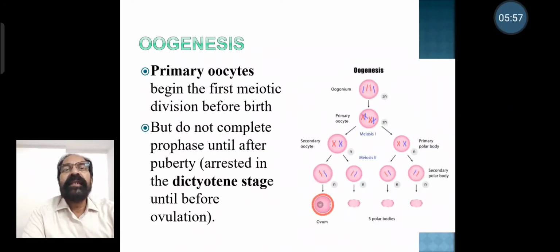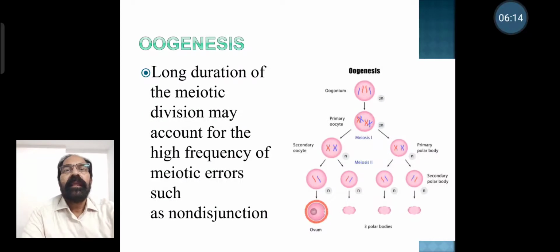Primary oocytes begin the first meiotic division before birth, but do not complete prophase until after puberty. So they are arrested in the diplotene stage until before ovulation. The long duration of meiotic division may account for the high frequency of meiotic errors such as non-disjunction.